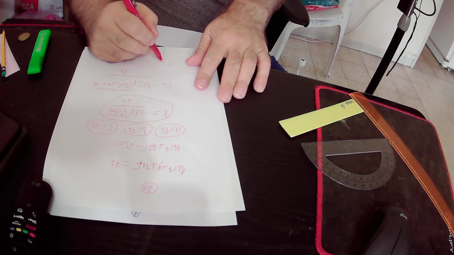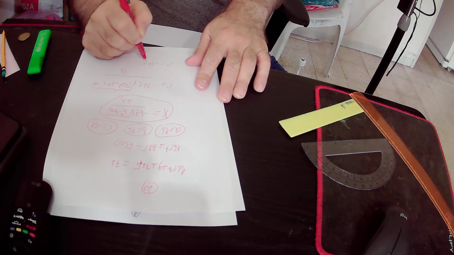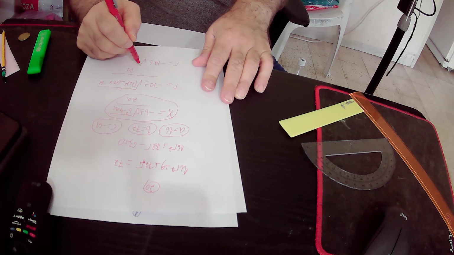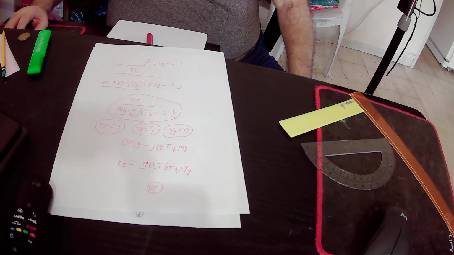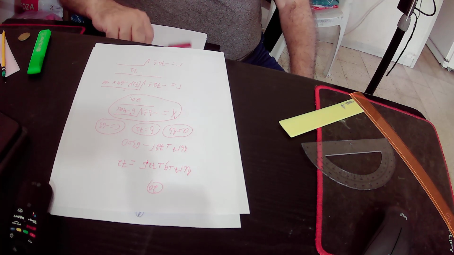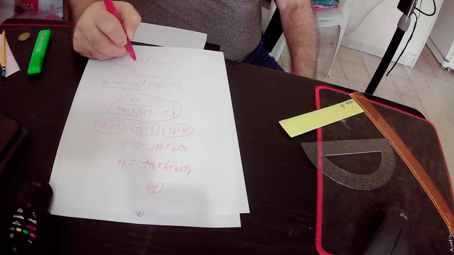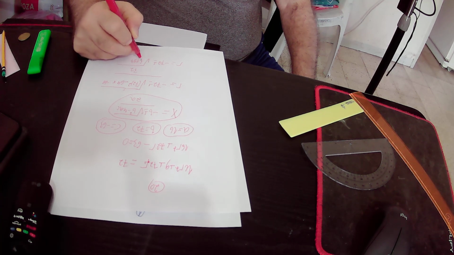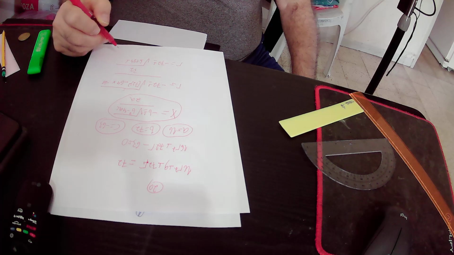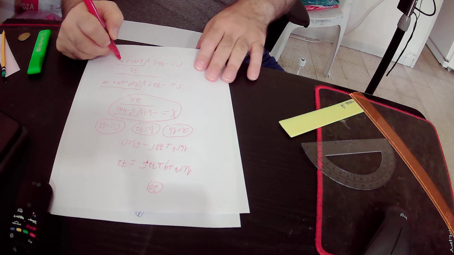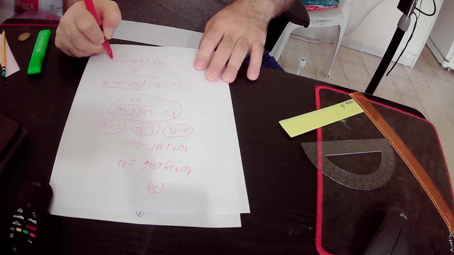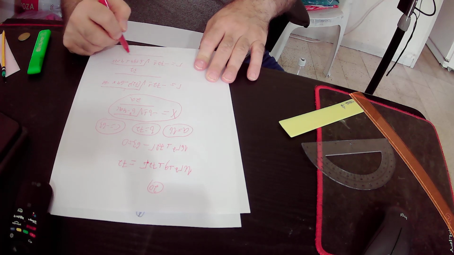So r equals to minus 72 plus minus root of 72 squared is 5,184 plus minus 64 times minus 63 is 4,032 over 32.